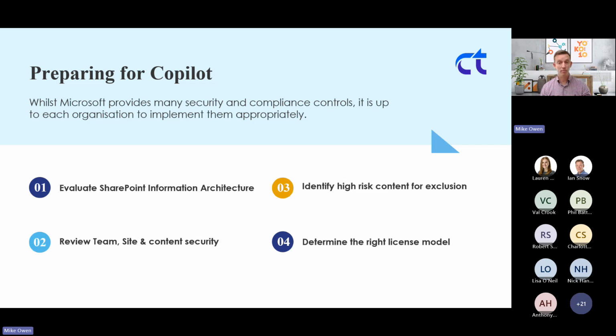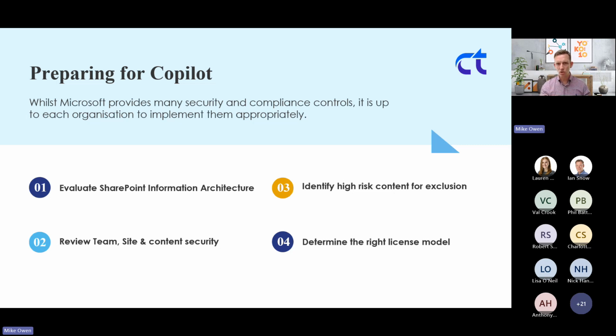Also, have a look at some of your high-risk areas. If you're thinking, how on earth am I going to review all my teams, all my sites, all the content? Let's start with the really high-risk stuff first. Let's look at where HR data is stored. Let's look at where your financial data is stored, or anything where we've got key decision makers involved. Start protecting that straight up front.